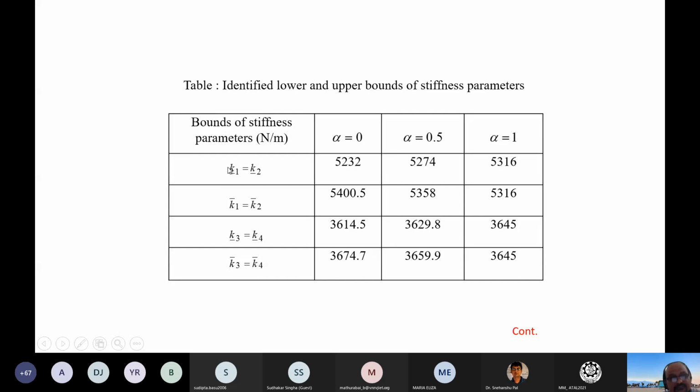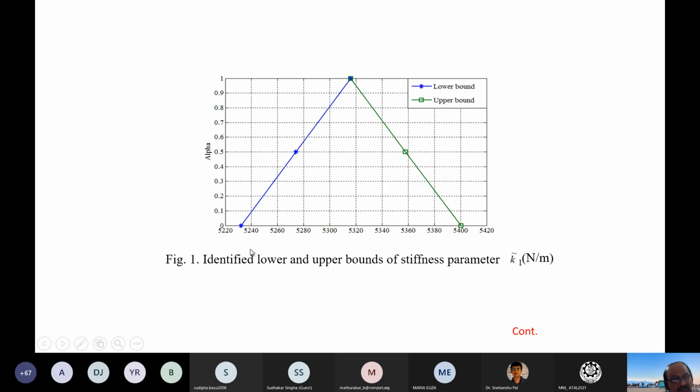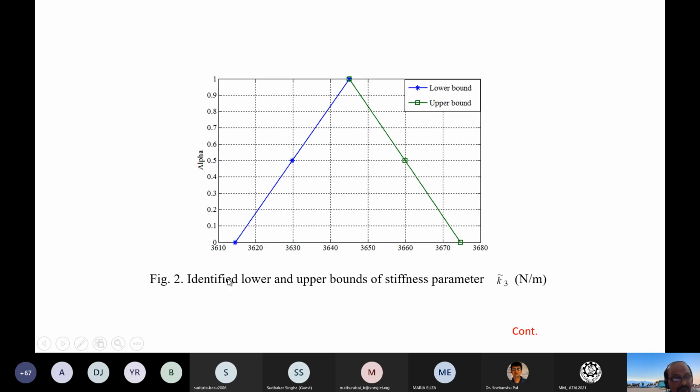These are K1 tilde and K2 tilde for different alpha. So these are the lower and upper bounds of the stiffness parameters, that means K1 tilde, K2 tilde, and K3 tilde, K4 tilde. And these are the identified lower and upper bounds for K1 and K2.